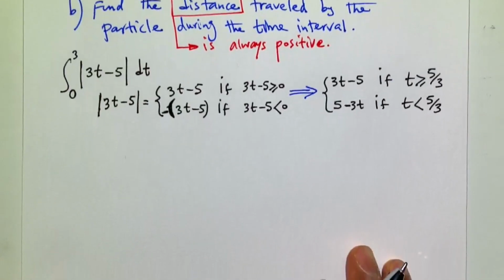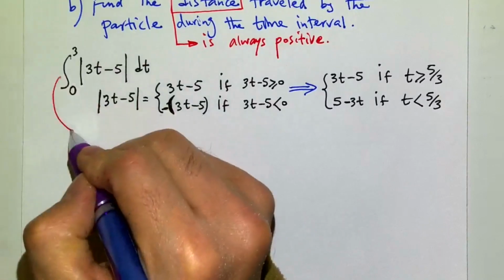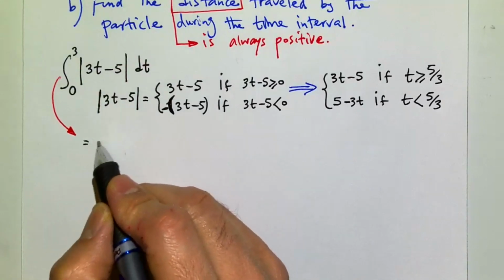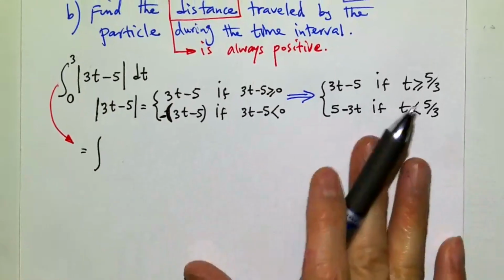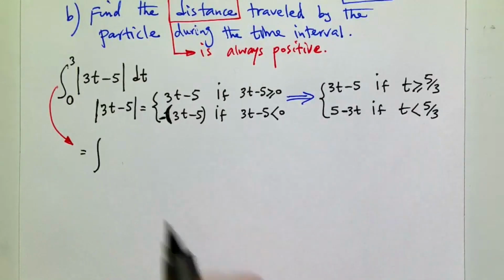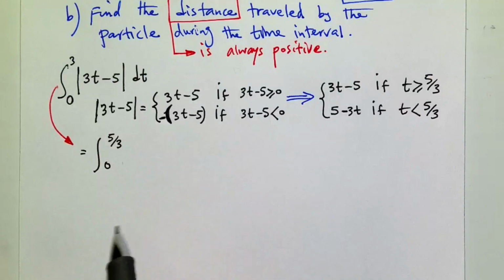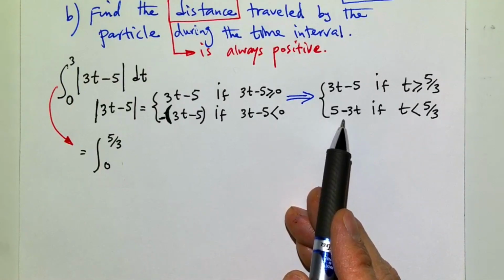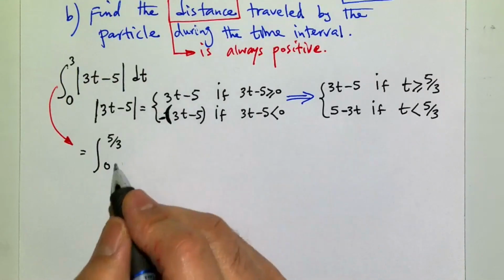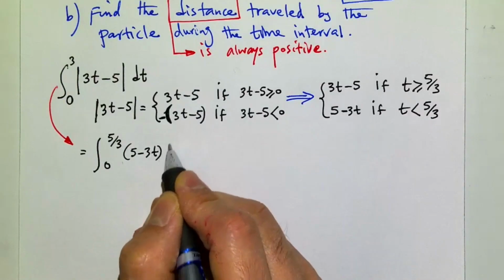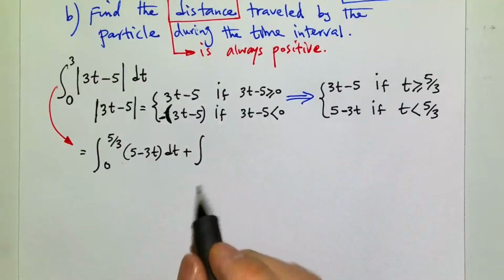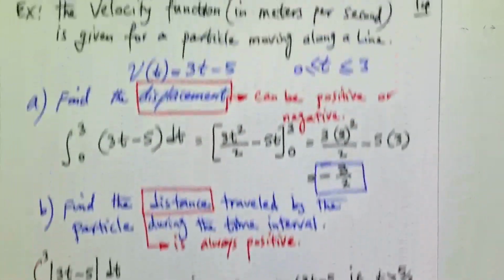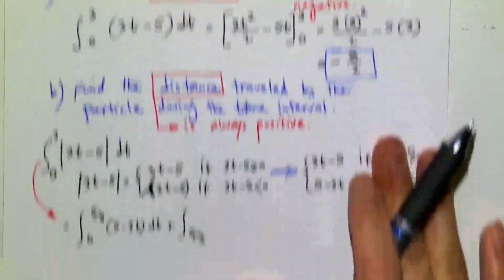So then we can integrate this absolute value. What do we get? This is equal to the integral from 0 to 5 over 3 of, when that happens, this is our expression, 5 minus 3t dt, plus the integral from 5 over 3 to 3, that's our interval from 0 to 3.